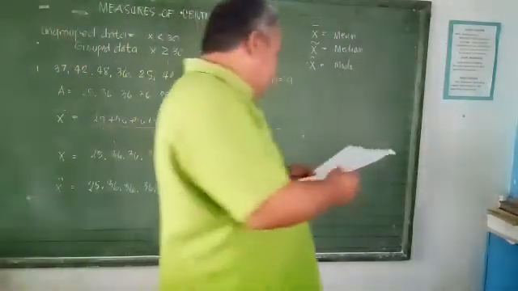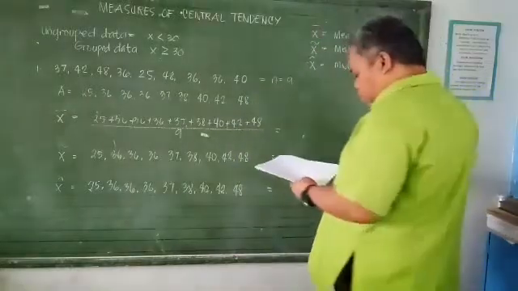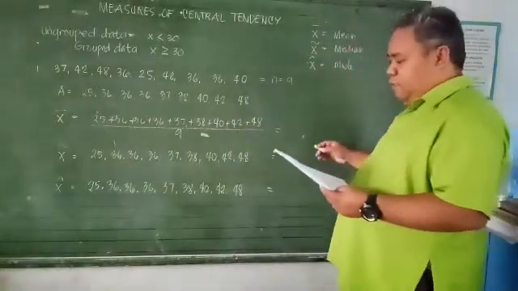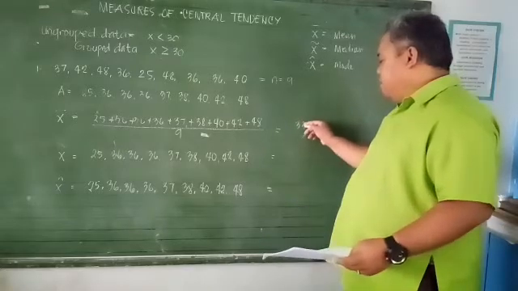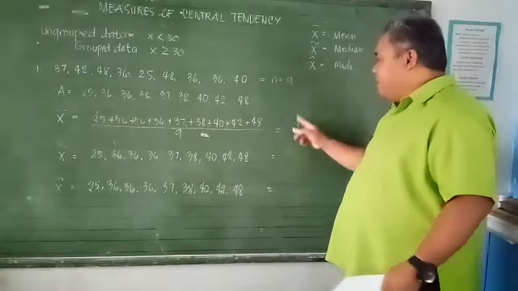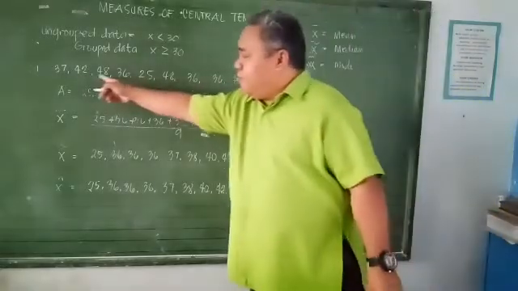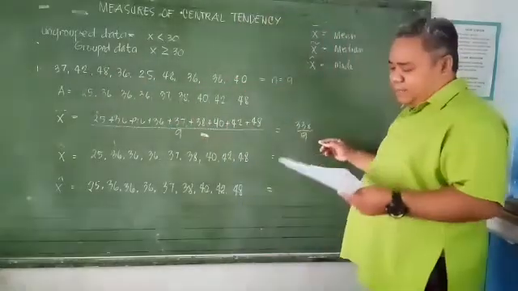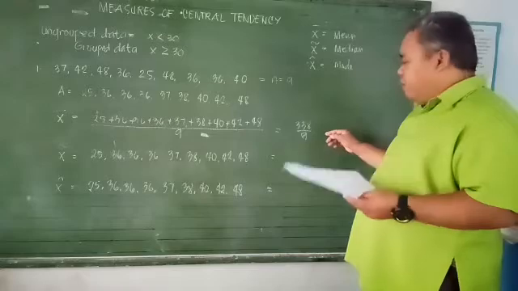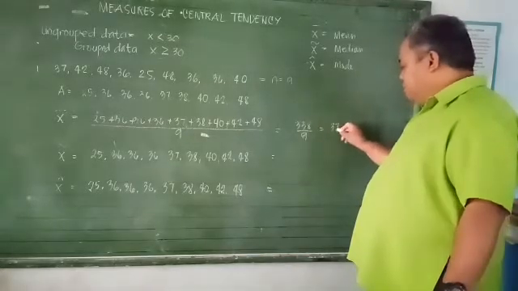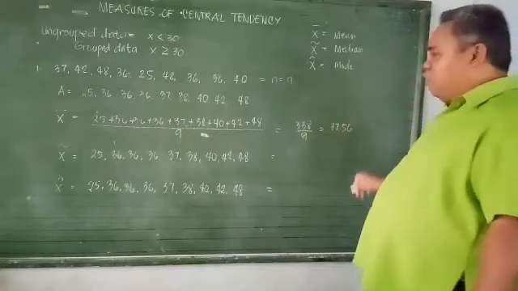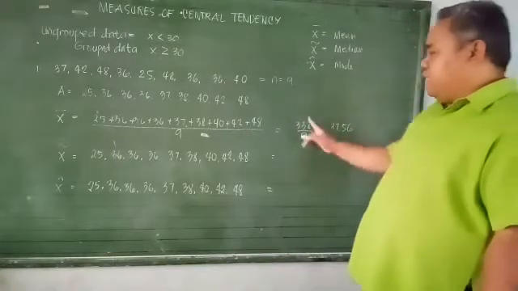Anong sum niya? Ang kanyang sum is 338. It's 338 over 9. Bakit 9? Kasi 9 lang yung bilang nila. 338 divided by 9 will give us an answer of 37.56. So that will be your mean for this data.